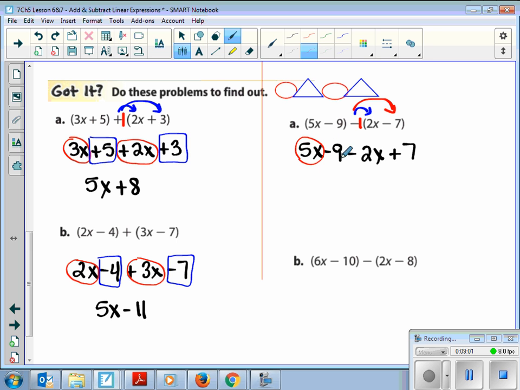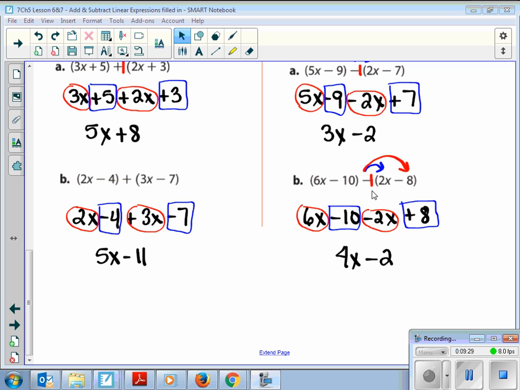So we can put the 5x and the negative 2x together, and we can put the negative 9 and the positive 7 together. So 5x minus 2x is 3x. And then negative 9 plus 7 is negative 2.